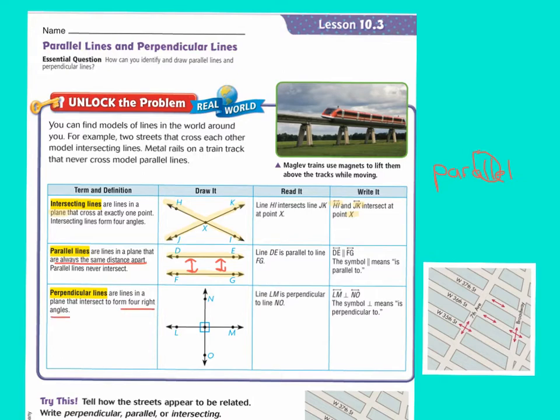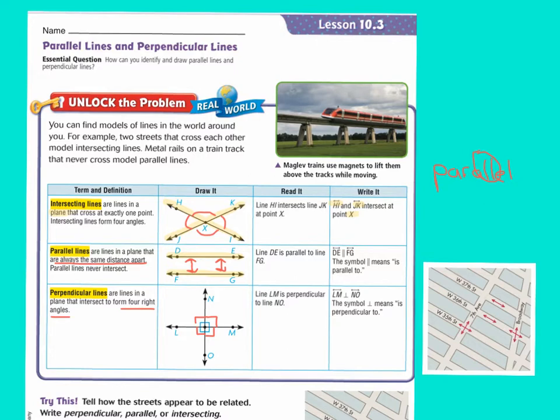That's what separates a perpendicular line from an intersecting line, because those two are related in that they do cross and touch at a point. It's just the angles that are created are different. So you can see here in intersecting lines, we have an obtuse angle, obtuse, acute, and acute. And in perpendicular lines, you have four right angles that are created.